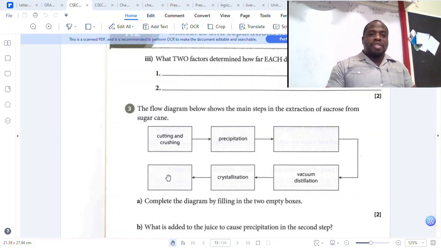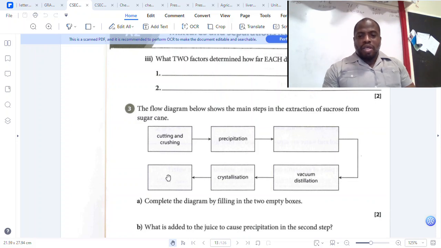You will have distillation, and that process as well removes the water, because at the end we're going to be getting solid, because if anybody looks at sugar, we get solid. So distillation will cause the water to be removed.